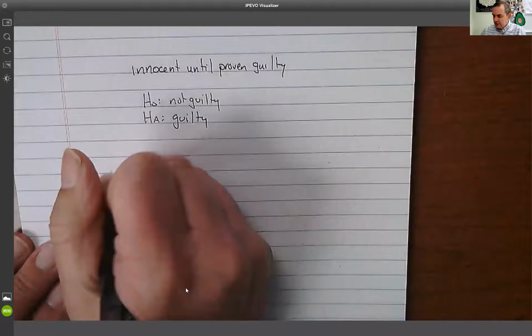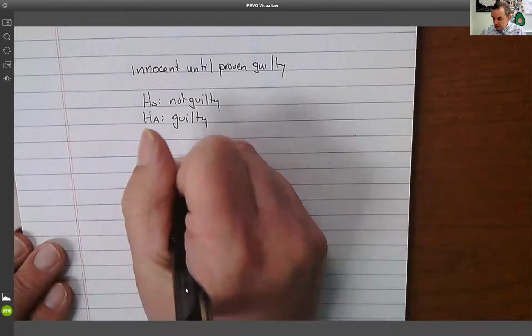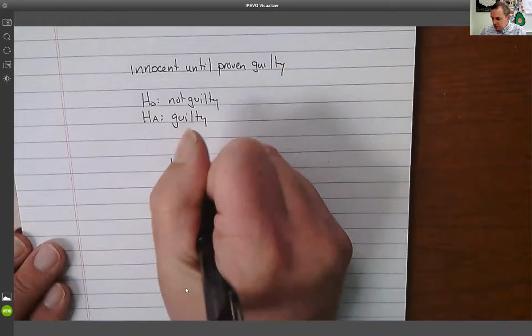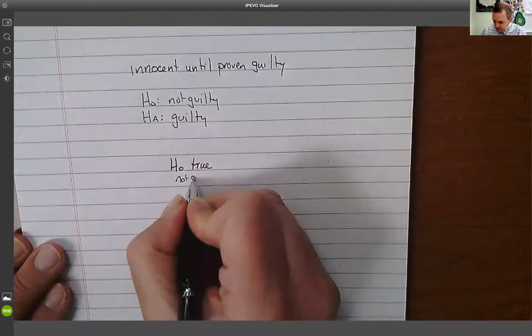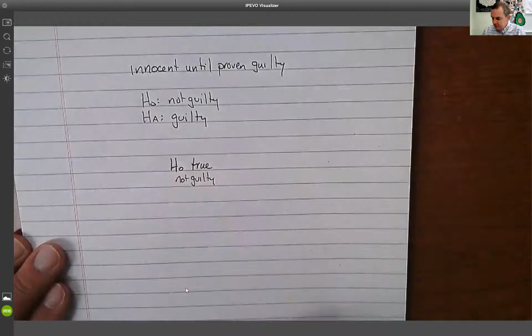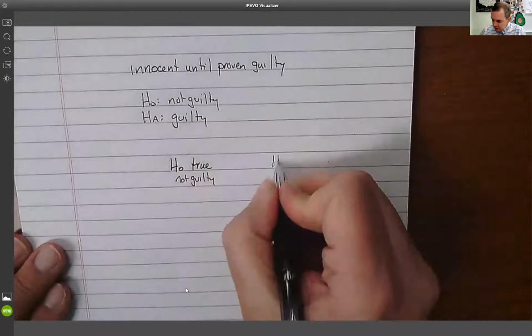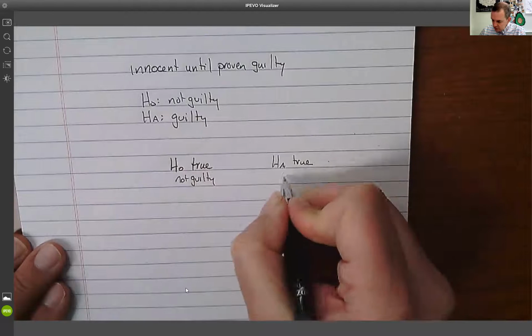So here's all of the situations. The H-naught is true: in actuality, you are not guilty. If the alternative is true, you are guilty.